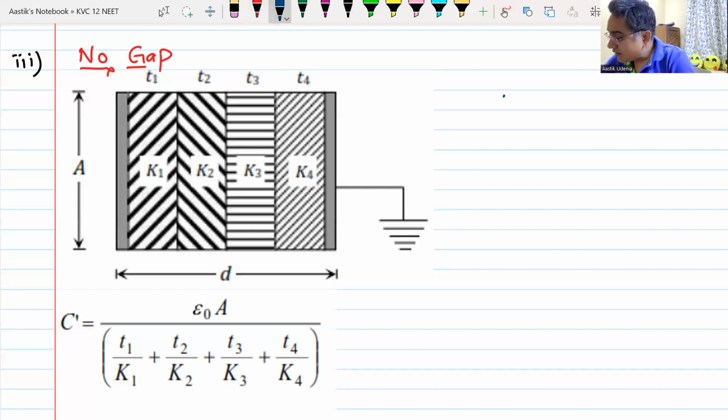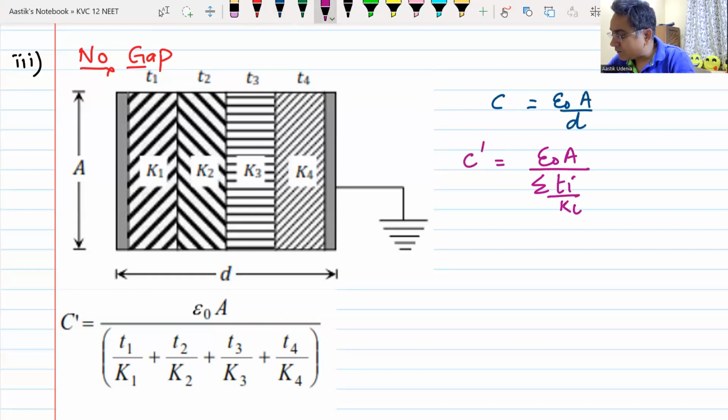I still write the original formula. The original capacitance is epsilon naught A by d. The new capacitance, my dear friends, C dash, is epsilon naught A upon summation of Ti by Ki. I can write the formula C dash by C will be equal to d upon summation of Ti by Ki.